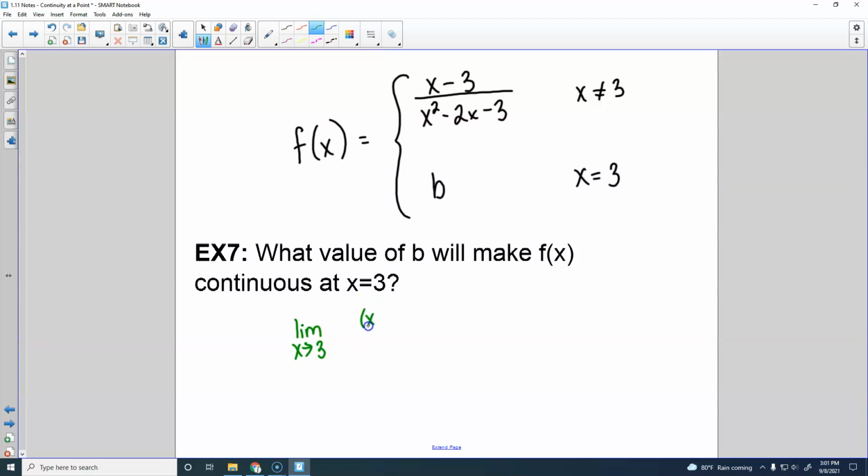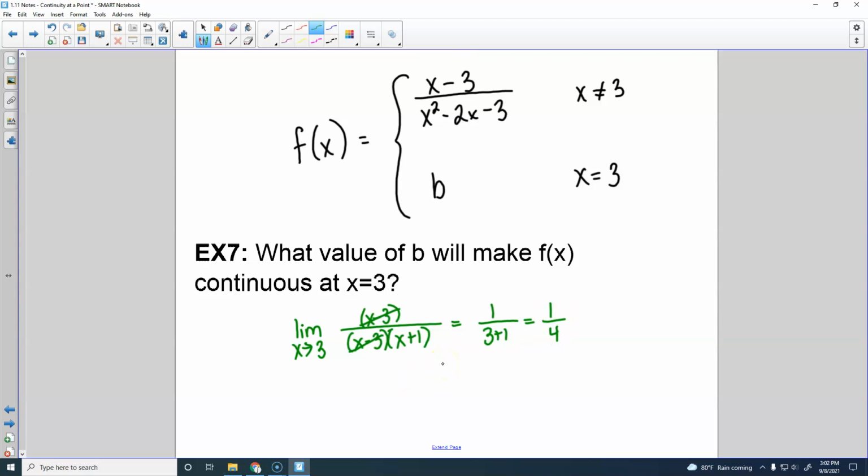And I'm going to factor. So on top I just have x minus 3. On the bottom I would have x minus 3, x plus 1. The x minus 3's will cancel. And so if I plug 3 in, I'll have 1 over 3 plus 1, which will give me 1/4.